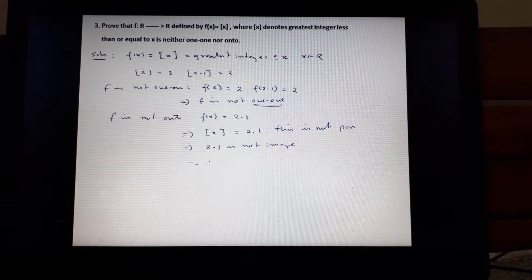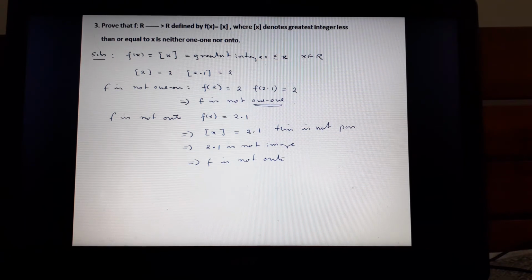So this implies f is not onto. This 2.1 is here in the codomain, so that element is not an image. If one element is not an image, that is sufficient. So it is neither 1-1 nor onto.